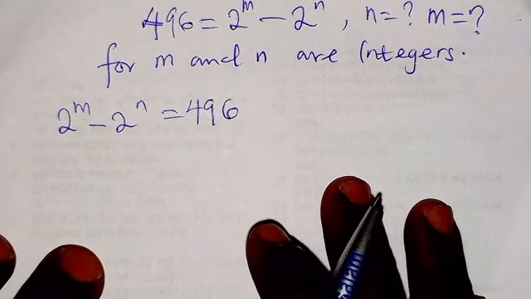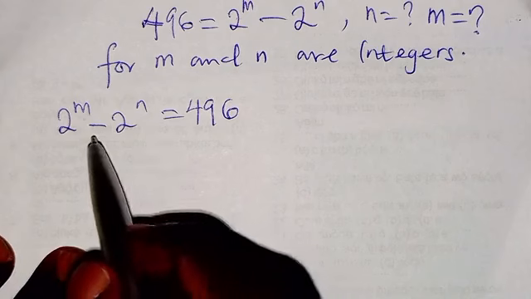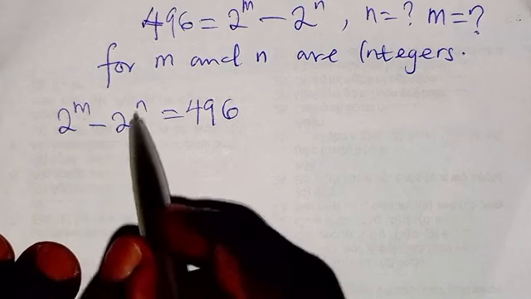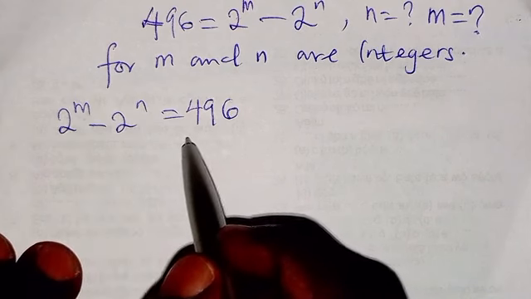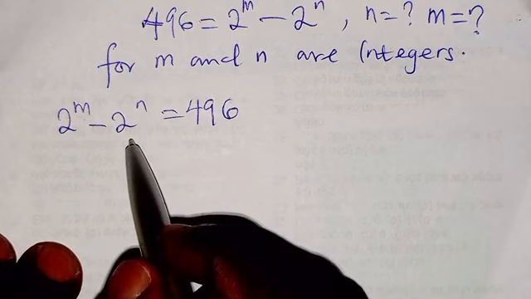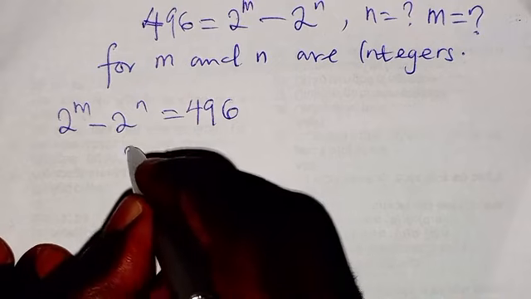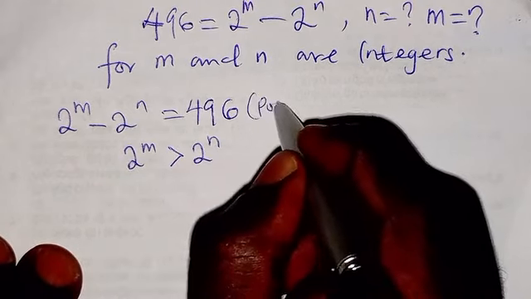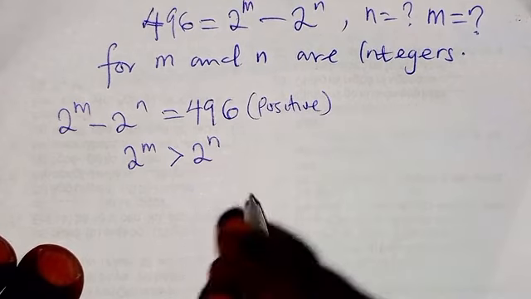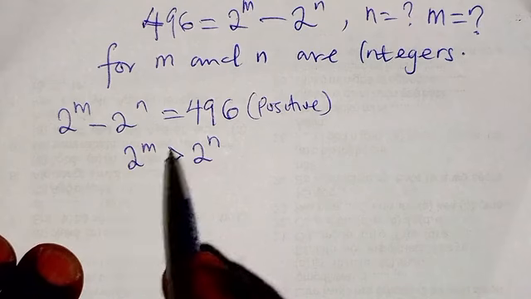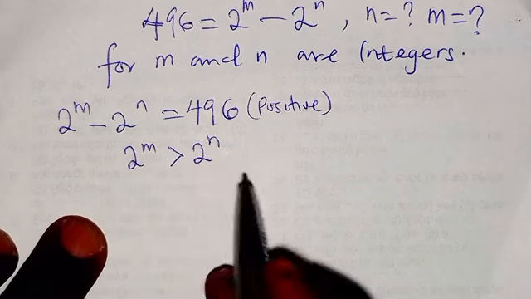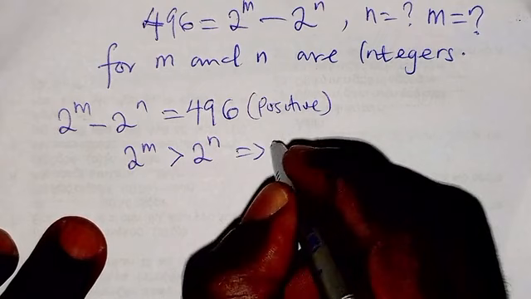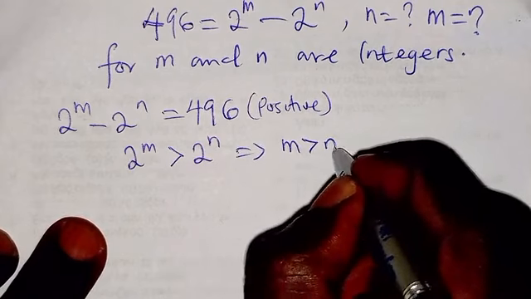Having that, I want us to see that for us to have 2^m minus 2^n to be 496, this is telling us that 2^m is greater than 2^n because 496 is positive. So for you to have this, it means 2^m is greater than 2^n, which implies that m is greater than n.